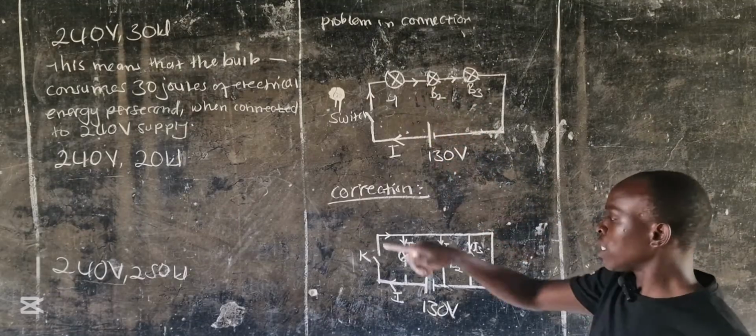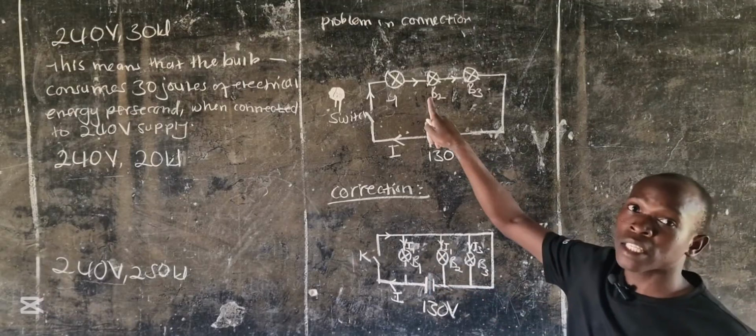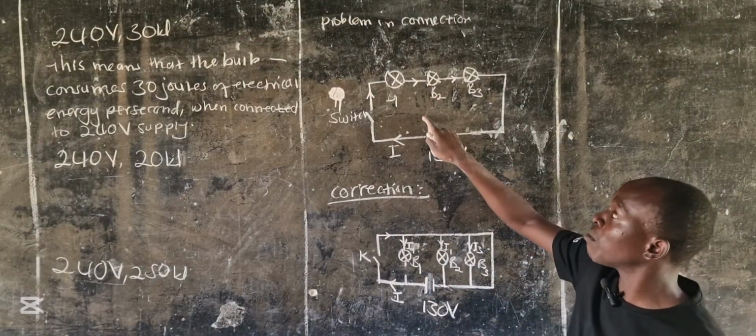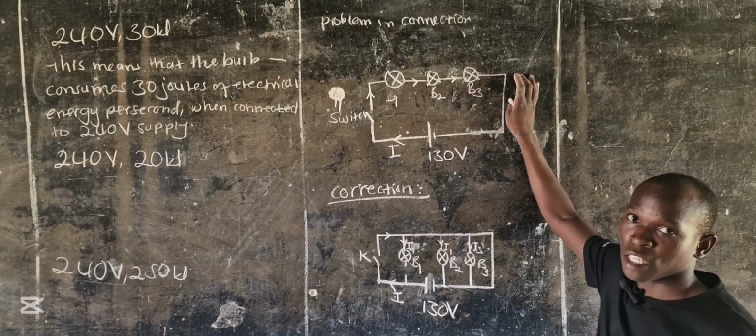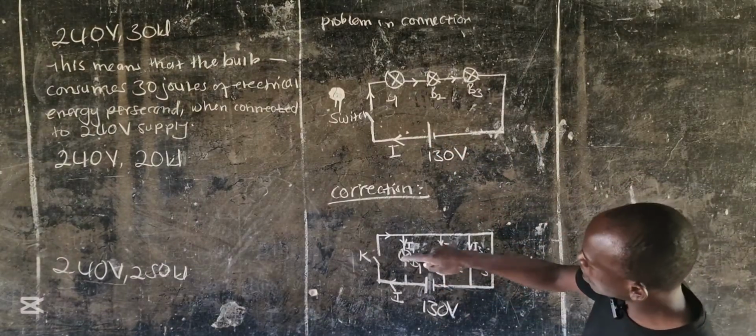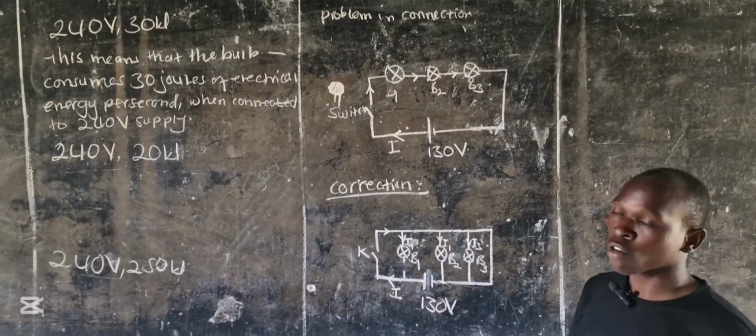arrangement. So you see that parallel arrangement is better in connection than the series arrangement, because we've seen that in series arrangement, if we have a damage here, these two will be affected. But in parallel, if I have a challenge here, this bulb will stop giving light, but the rest will continue giving light.